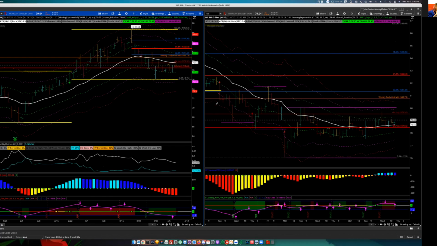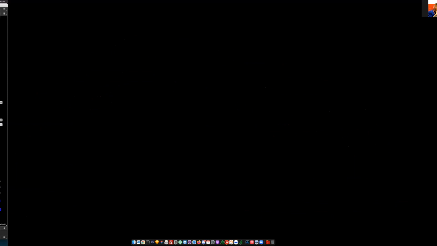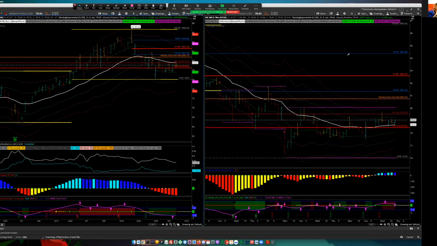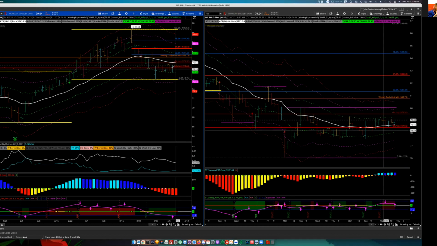So MS for tomorrow, because we do have this divergence here. And on the intraday, we ended the day on a doji within 1 ATR of the mean. We have a buy signal on the Iridium Fire. We have positive VWAP.